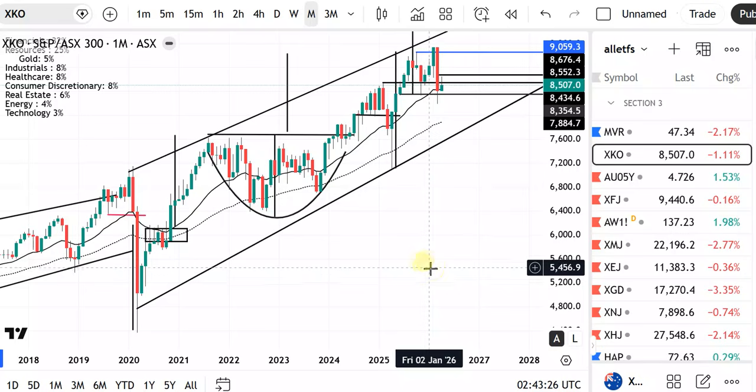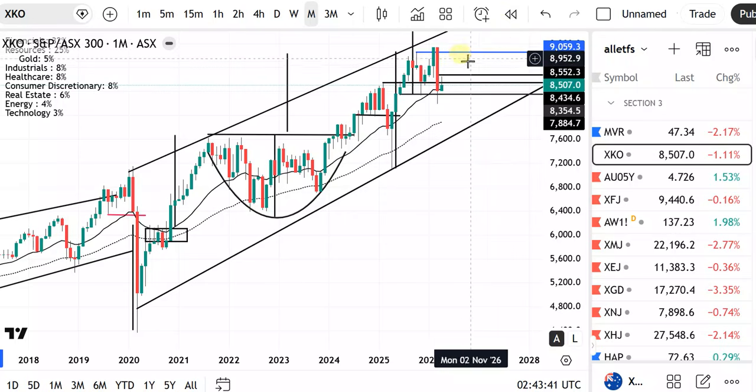So where to next? Well, I think what we've got here is another flagpole, and we'll see from the underlying sectors that we're just going to bias.